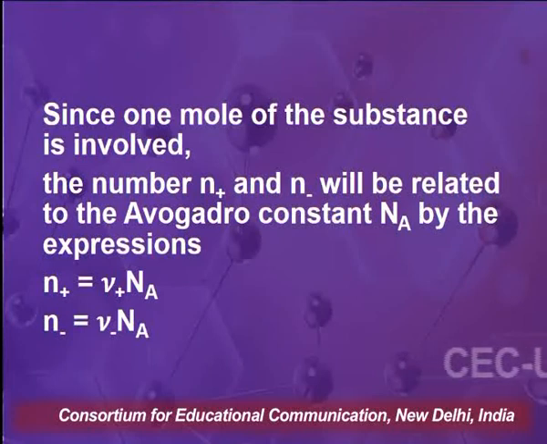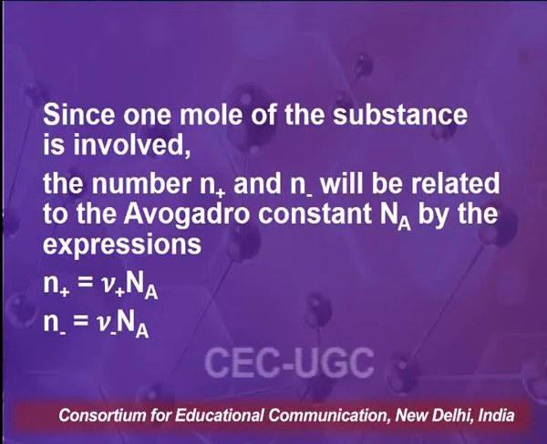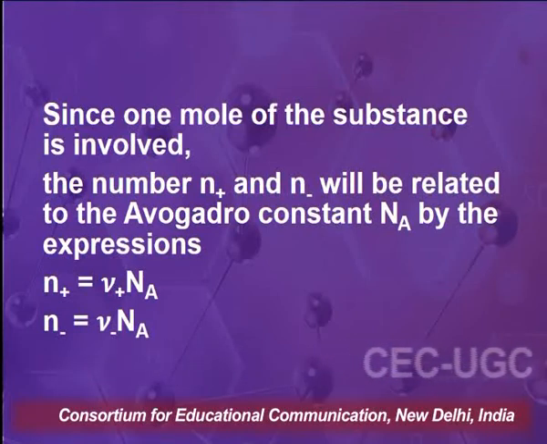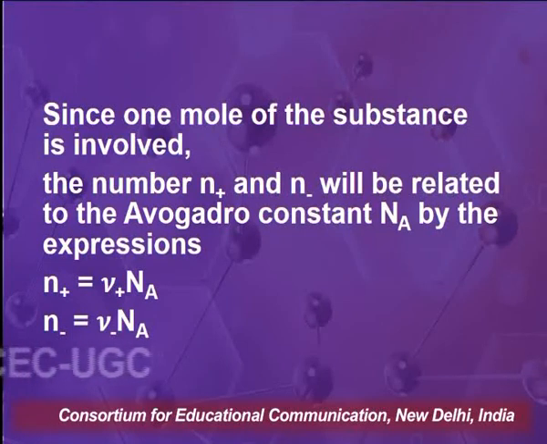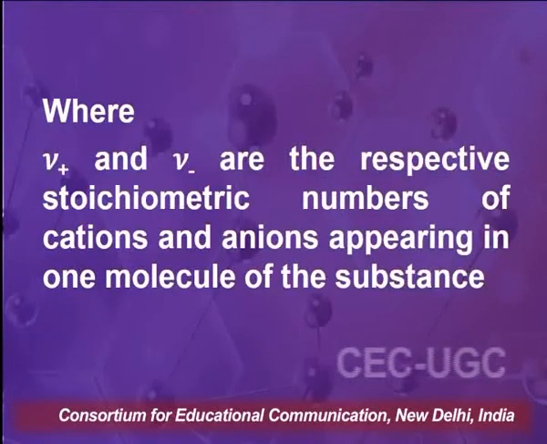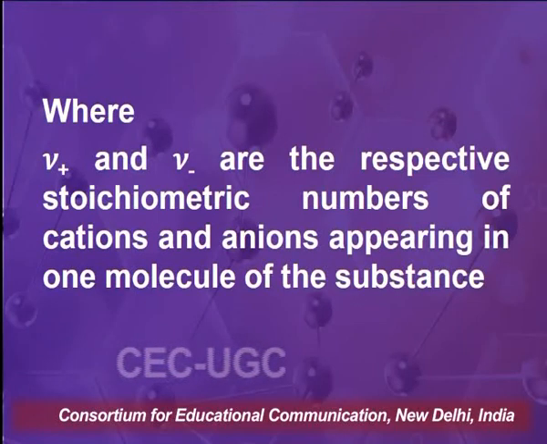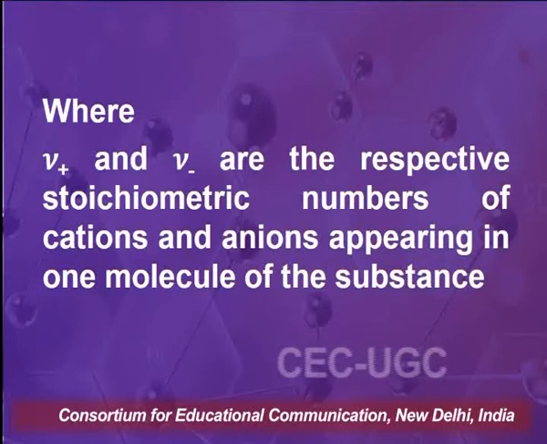Since 1 mole of the substance is involved, the numbers N+ and N- will be related to Avogadro's constant Na by the expressions N+ equals nu+ Na, N- equals nu- Na, where nu+ and nu- are the respective stoichiometric numbers of cations and anions appearing in the 1 mole of substance.